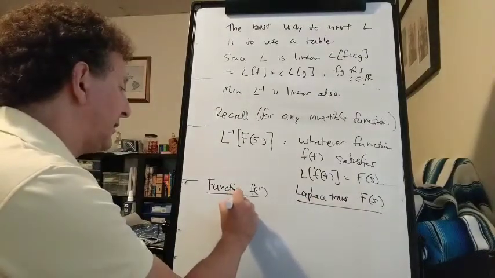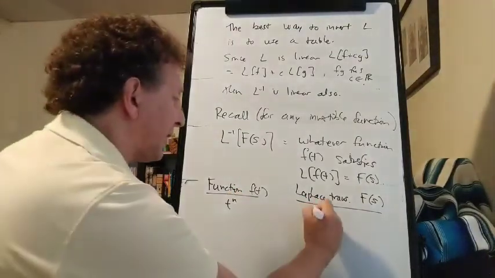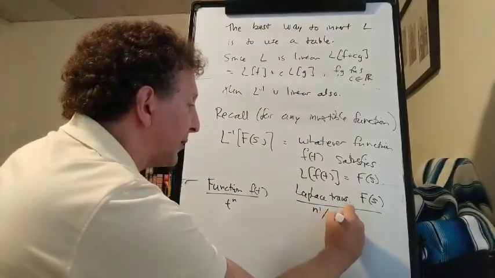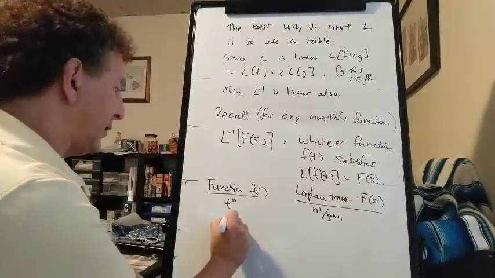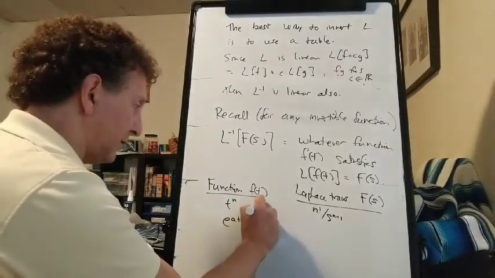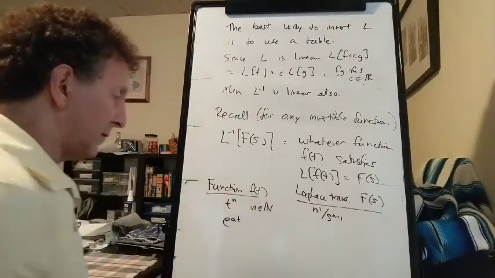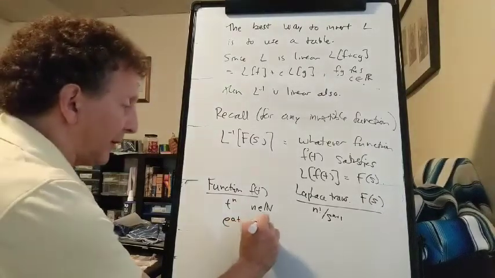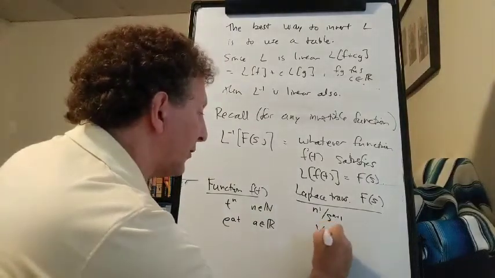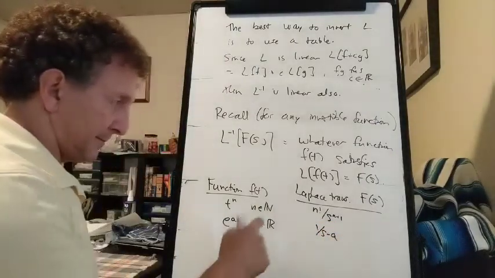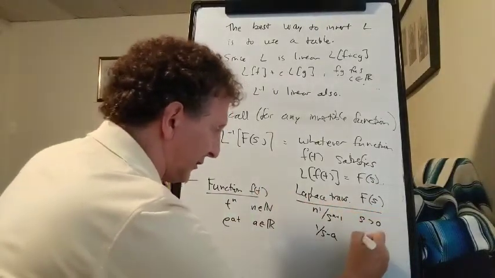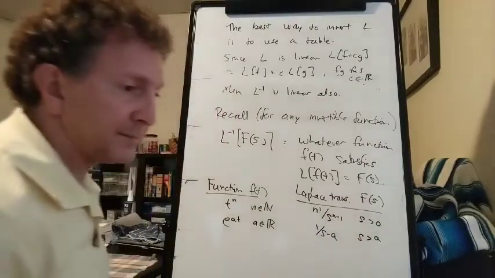So we said that if we have t to the n, where n is a non-negative integer, then the Laplace transform is going to be n factorial over s to the n plus 1. We said that if we have e to the at where a is a real number, this gives us 1 over s minus a. And the restrictions on s here are, for the first one, s is greater than 0. For the second one, s is greater than a.